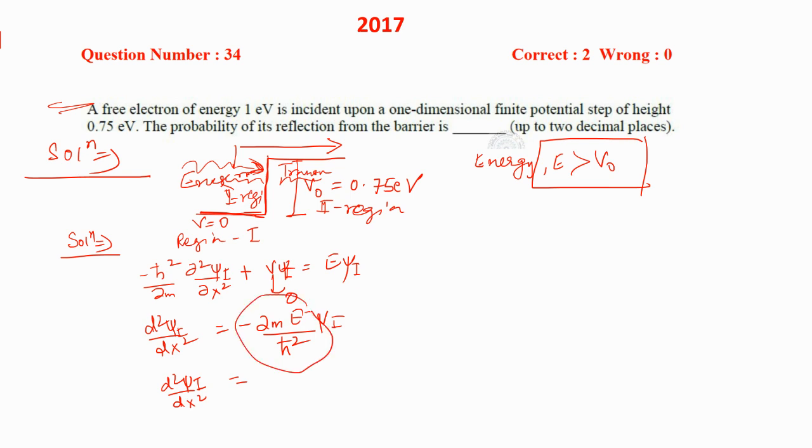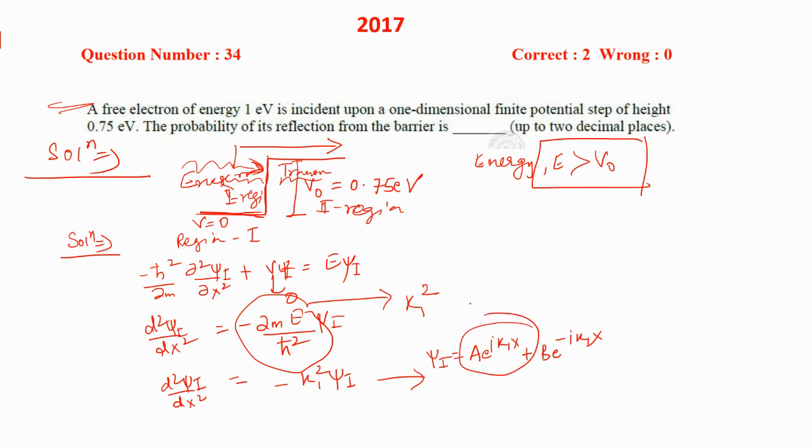I'm taking this as k1 square, so minus k1 square psi 1. And I have told you what the solution for psi for this equation is: A e raised to the power i k1x plus B e raised to the power minus i k1x. This signifies the incident wave and this signifies the reflected wave.